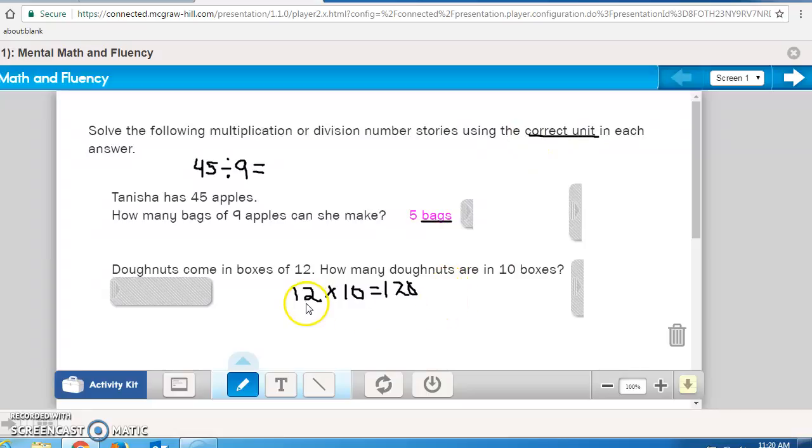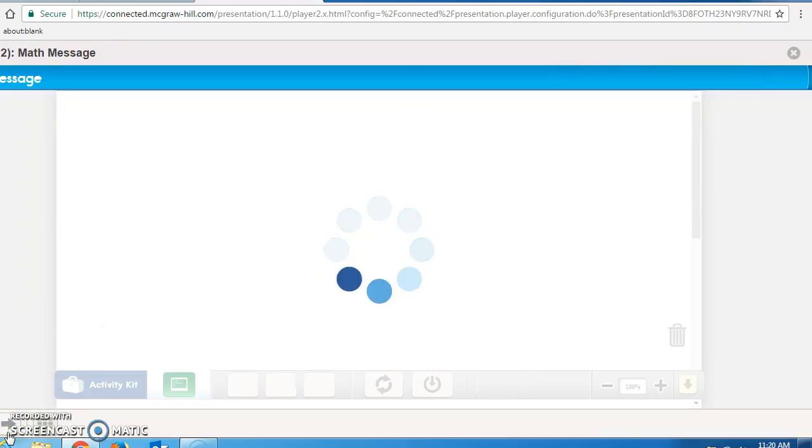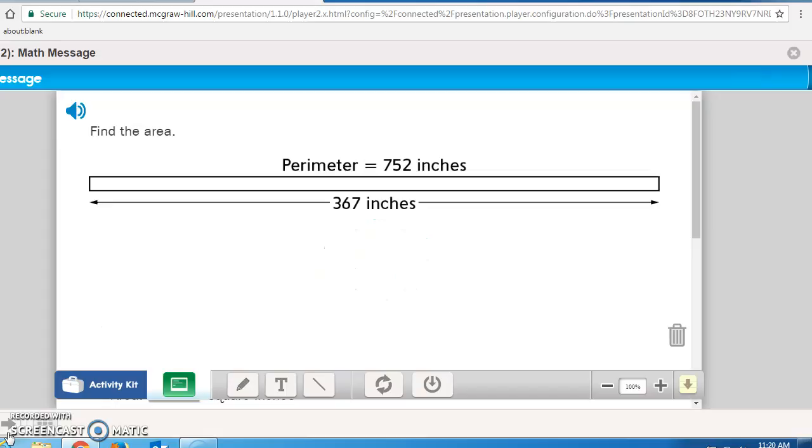So what am I going to have when I get done? I'm going to have 120 donuts. That's what it asks, how many donuts. You're going to have to be careful when reading these problems to make sure that you're understanding what the units are. Were they talking donuts or were they talking boxes?